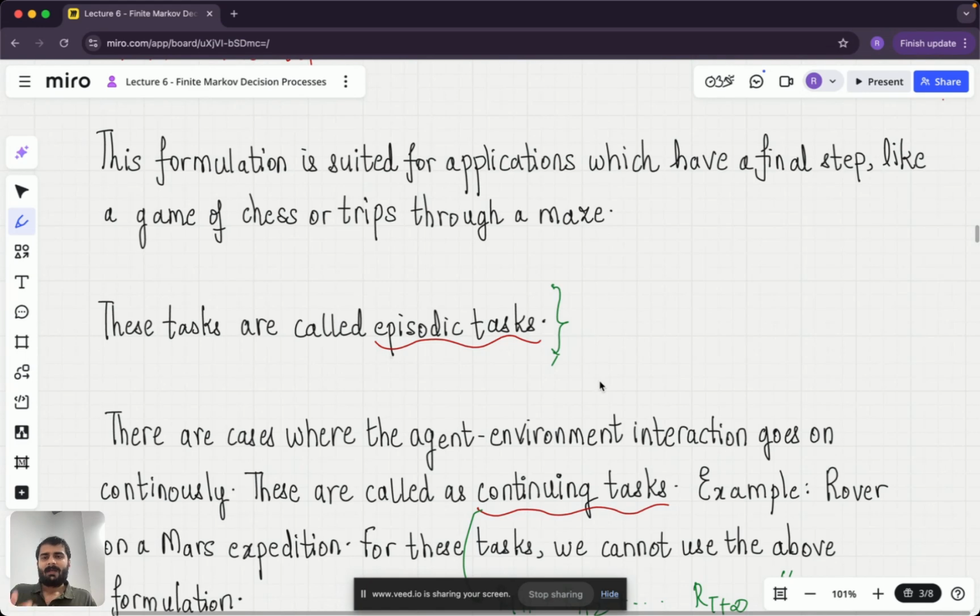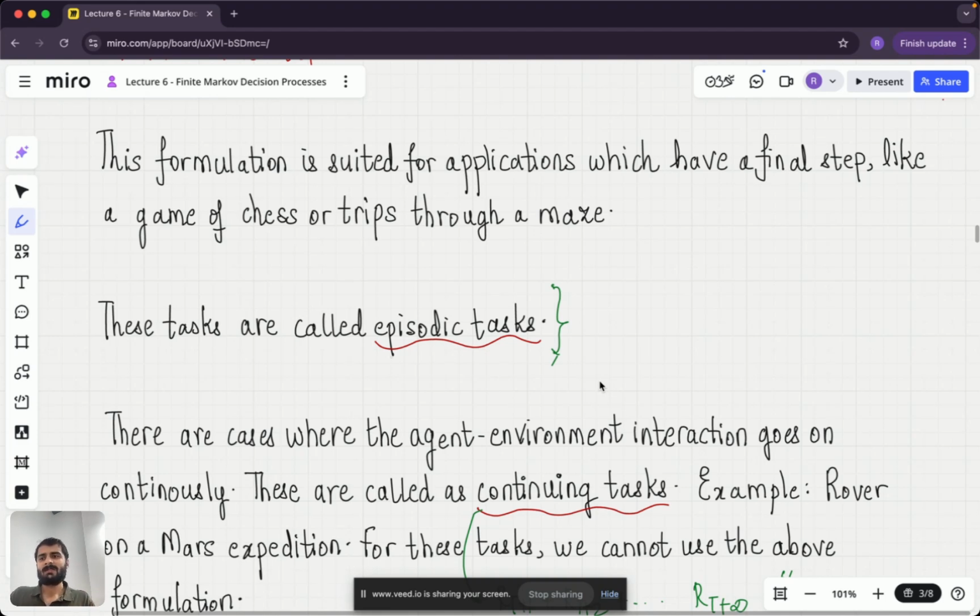Now there are also cases where the agent and environment interaction goes on continuously. There is no stop. For example, let's say we have the Chandrayaan mission. There is a rover being sent to the moon, and this rover is going to continue its expedition for a very long time.